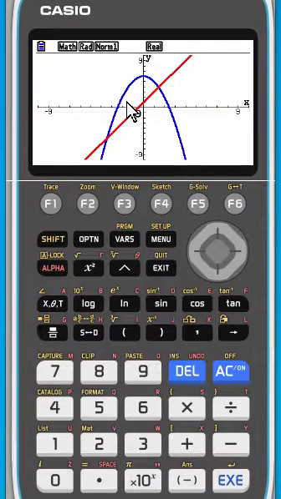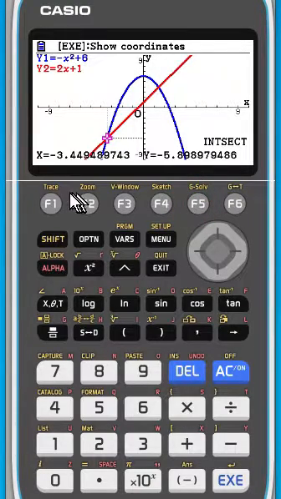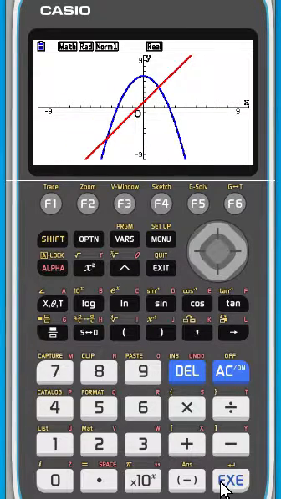Alright, so now you have two graphs on the same screen, and if you're interested in finding the point of intersection between these two graphs, let's push G-Solve and Intersect, F5, and see very quickly it calculates your point of intersection. The first point of intersection is at x equals negative 3.44, y equals 5.89, and the second point of intersection is at x equals 1.44, y equals 3.89. This is super fast, isn't it?